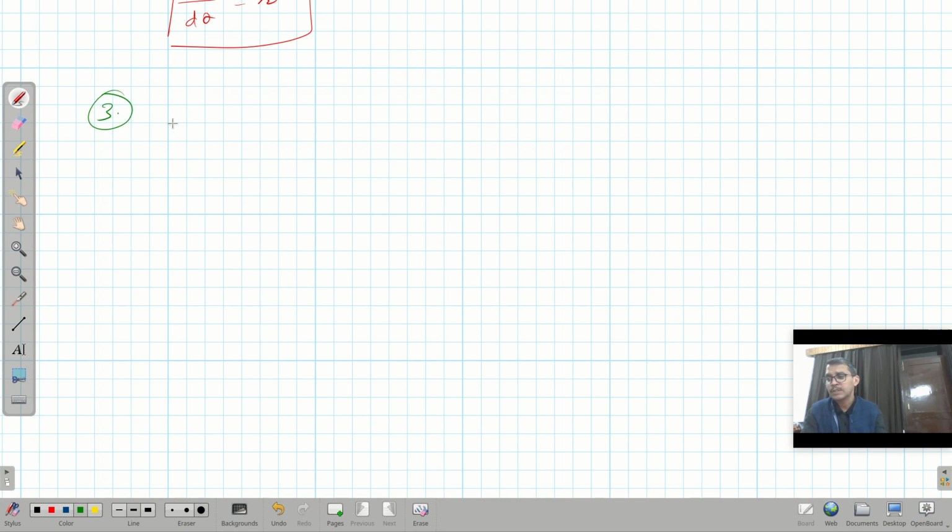This property is that the plane polar coordinates r and theta are orthogonal. Unit vectors are said to be orthogonal. Let me recall the definition of orthogonal.